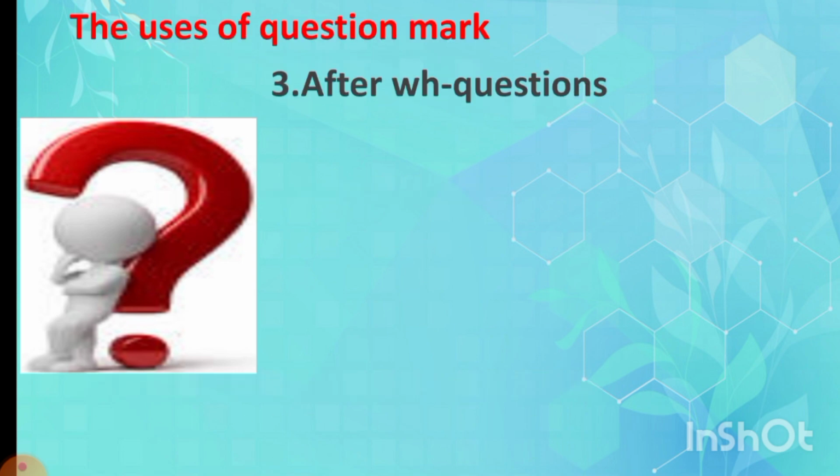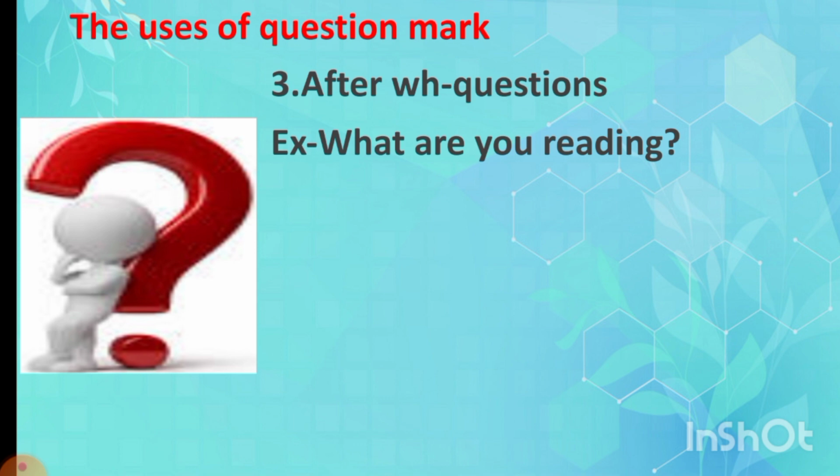Number 3, after W is questions. You know what the W's words are, and by using W's words we can make W's questions. So what are the W's words? What, when, where, which, why.